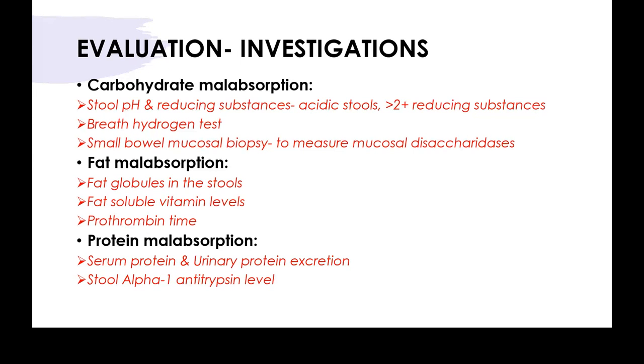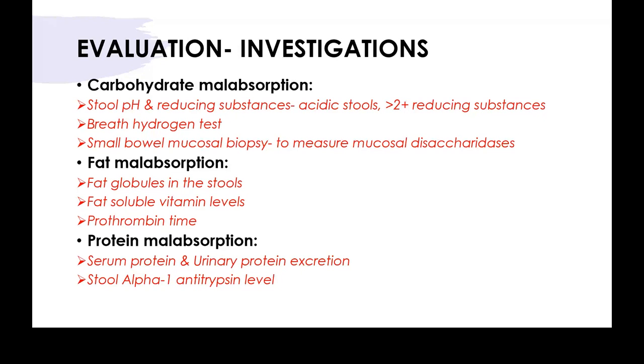Then in regard to protein malabsorption, when a child comes with chronic diarrhea, and if you are suspecting protein malabsorption, you would do a serum protein. And if you see hypoproteinemia in your child, your reflex should be to check urine protein excretion. Why?